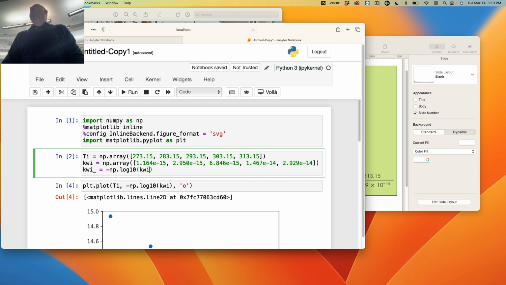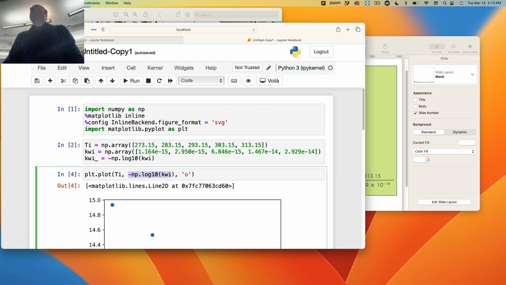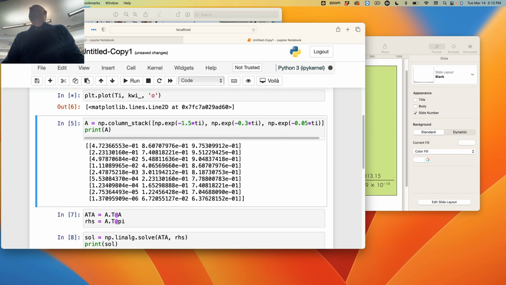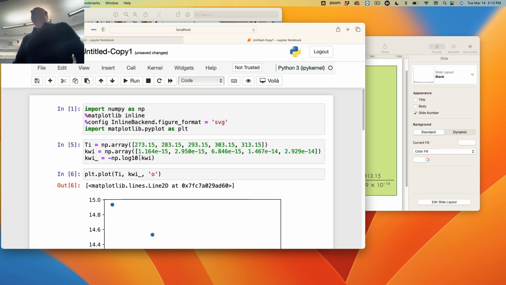Then here I can plot kwi underscore. Makes sense? Because that's going to be the right-hand side for my regression model. Minus log10 kwi is going to be part of the right-hand side.